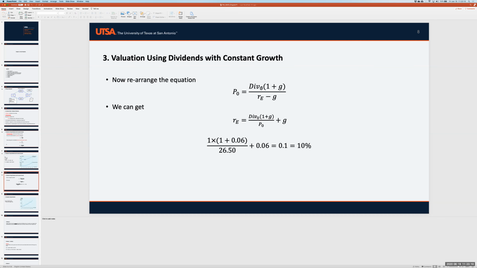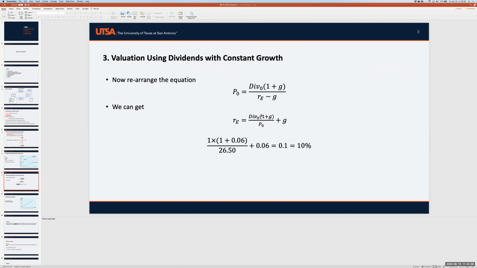But now I show you, if someone asks you, the dividend payment right now is this, but what is the value of, not the company, the value of the stock, you need to use the dividend payment at time 0 and find the dividend payment at time 1 by using the growth rate. With the simple calculation, you just take 1 plus the growth rate multiplied by the dividend payment at time 0, over cost of equity minus the growth rate. So you find the stock value at time 0.